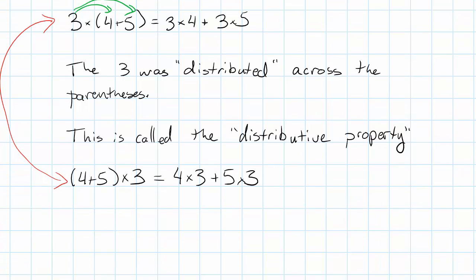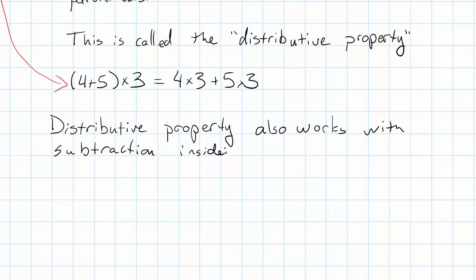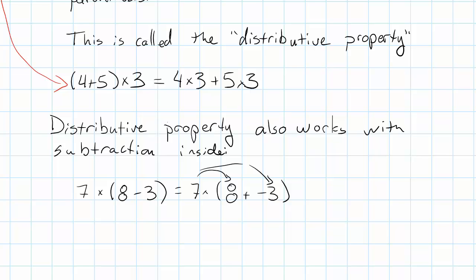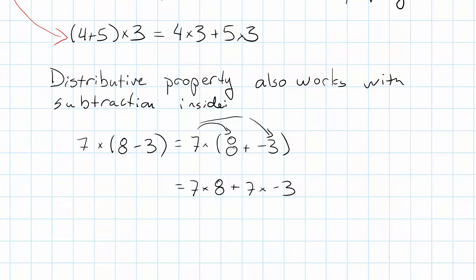The distributive property also works when it's subtraction rather than addition inside the parentheses. And we can see that if we rewrite the subtraction as adding the opposite. For example, say we want to take 7 times (8 minus 3). That'll be 7 times (8 plus negative 3). Now the 7 is distributed. We'll have 7 times 8 plus 7 times negative 3.